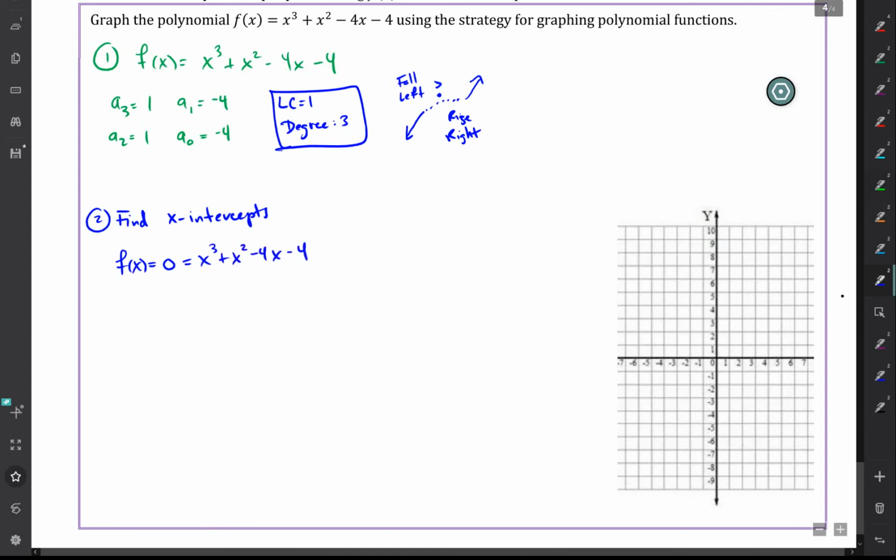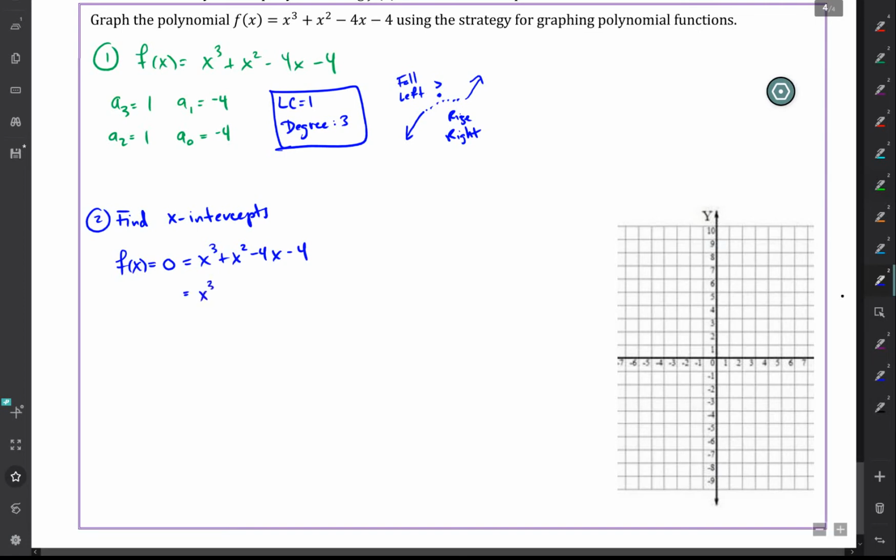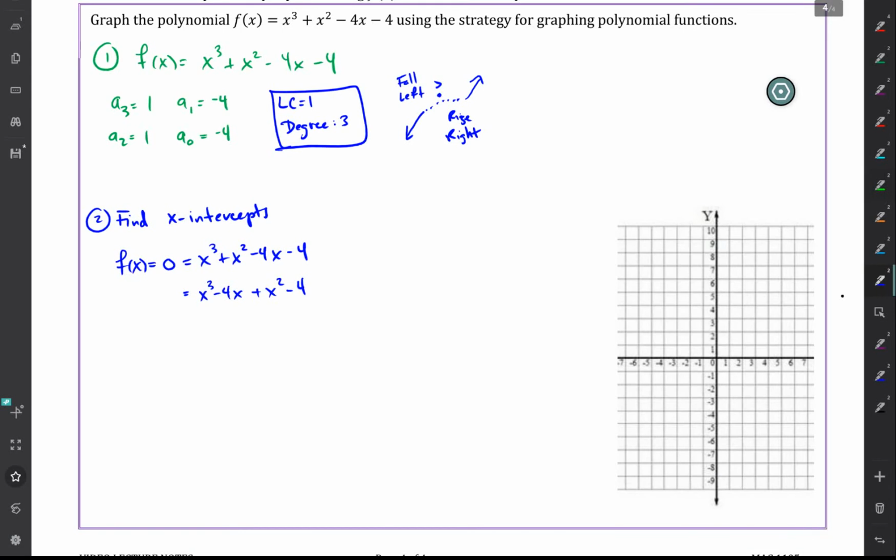One way to find the zeros is to factor this, and if you look at this, you can write this as x cubed minus 4x plus x squared minus 4. This is going back to one of the ways of factoring polynomials, which is to group things into groups, like x times x squared minus 4.